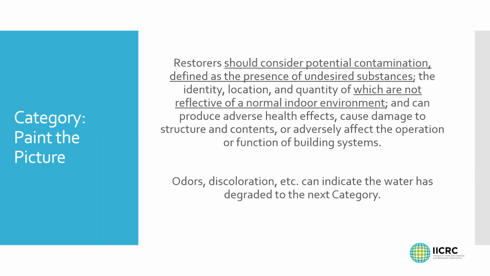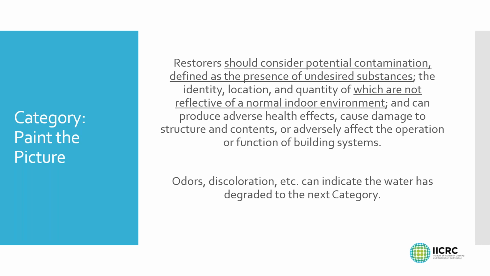Let's look at painting the picture. I said that earlier, and I'm going to say it many more times. We might come into a loss that has a category 1 loss break, which means a freshwater pipe, a supply line broke. It was clean water right from the city tap coming out into a room.